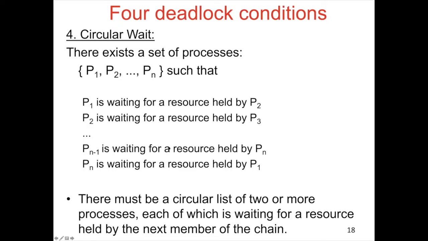Pn-1 is waiting for a resource held by Pn, and then Pn is waiting for a resource held by P1. There must be a circular list of 2 or more processes, each of which is waiting for a resource held by the next member of the chain.